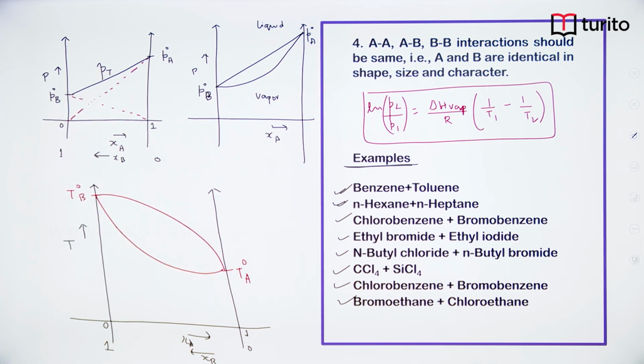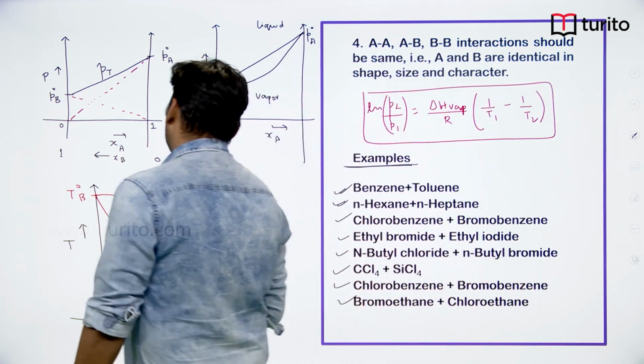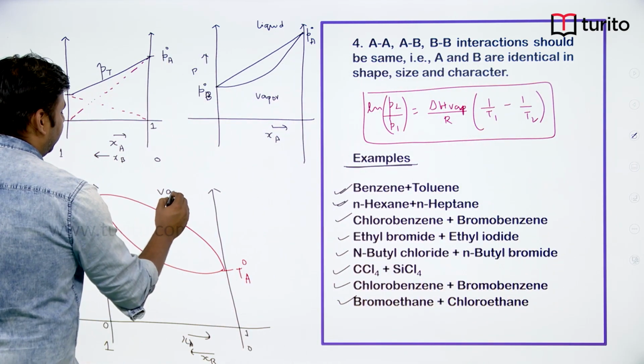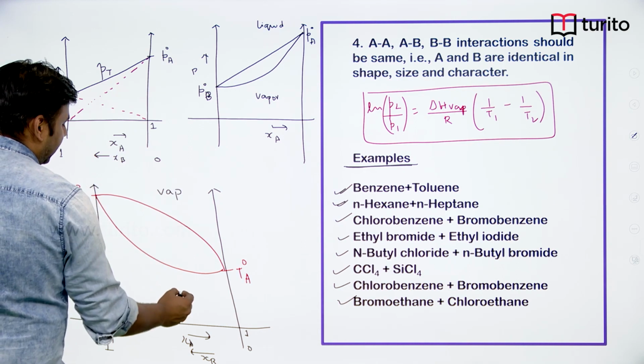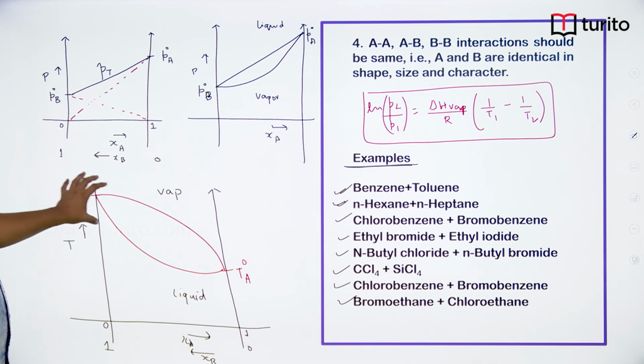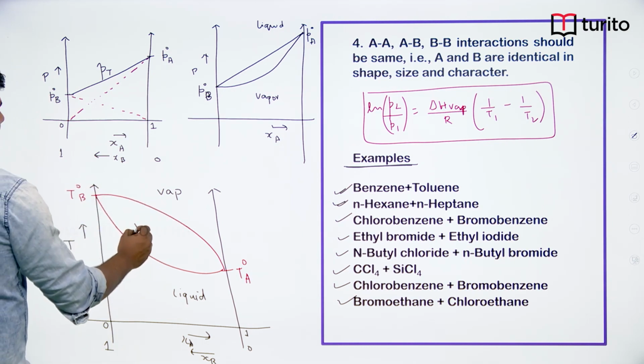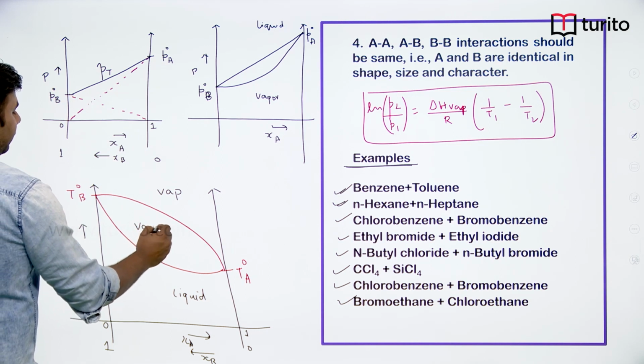Okay. At high temperature, which phase will be stable? When you heat anything, we know that vapors are formed. So we will say that at high temperature, vapors are stable. At high temperature, vapor would be there, and at low temperature, liquid would be there. And the region between the two graphs represents the equilibrium between liquid and vapor.